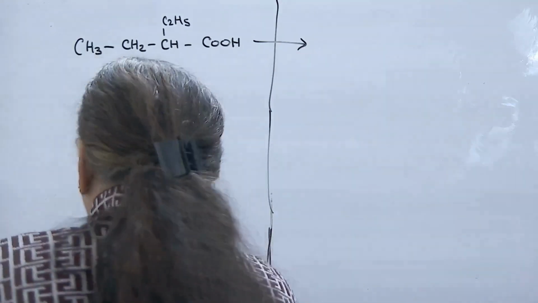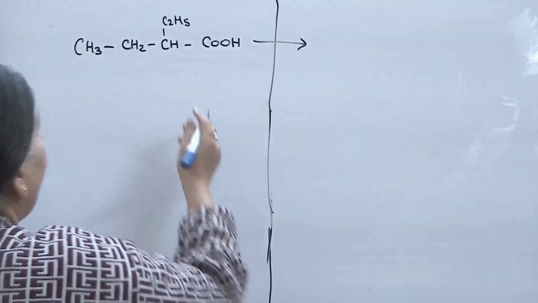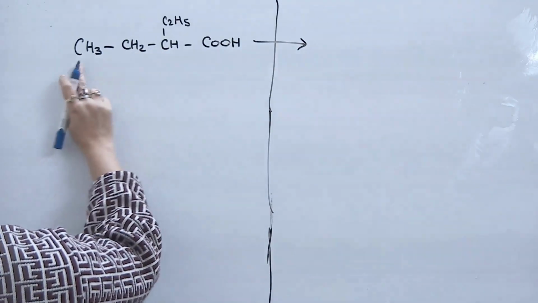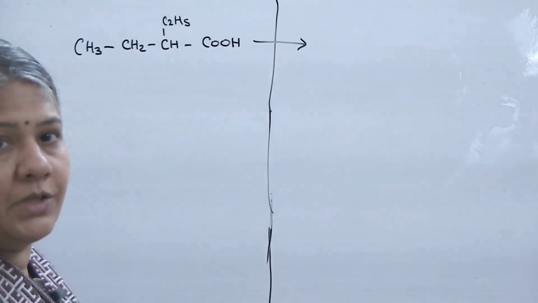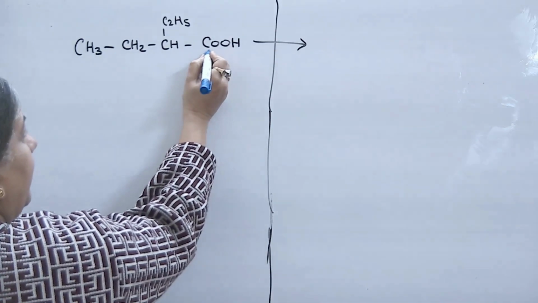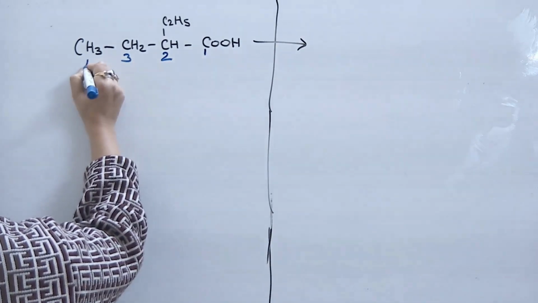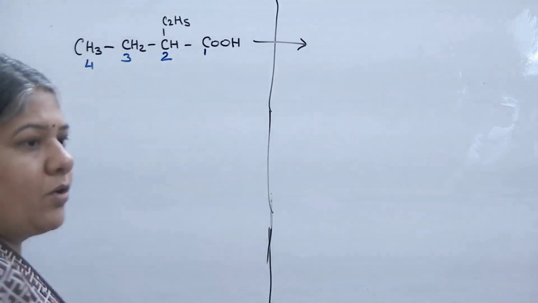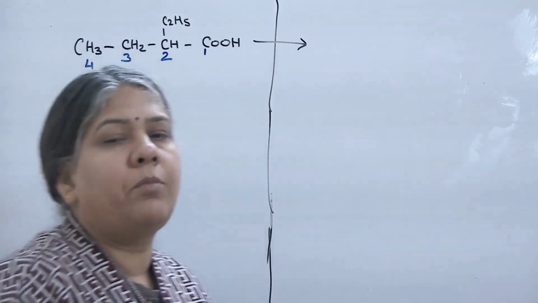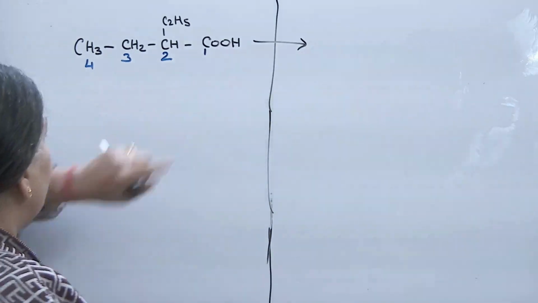Again, select the longest carbon chain and see 1, 2, 3, 4. This is the longest carbon chain. So start numbering from this end 1, 2, 3, 4, because this is our functional group, COOH, carboxylic acid. So this is the functional group.